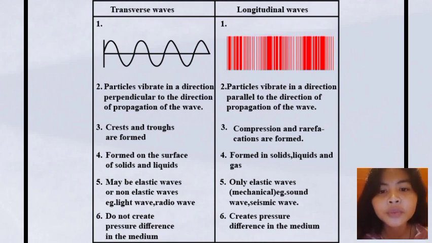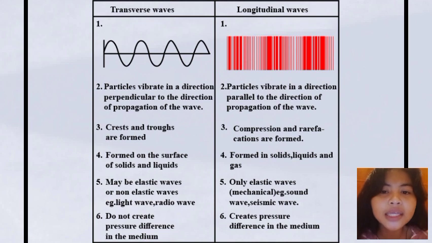The fourth is that transverse waves form on the surface of solids and liquids, while longitudinal waves can travel through any of the states of matter, namely solid, liquid, and gas.